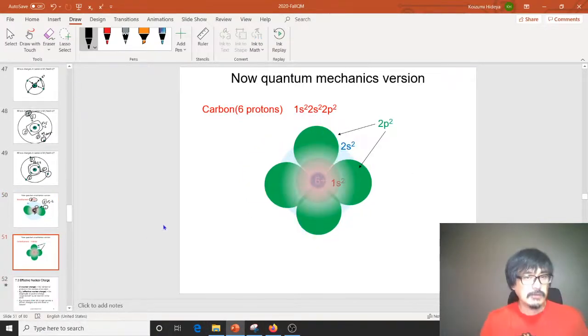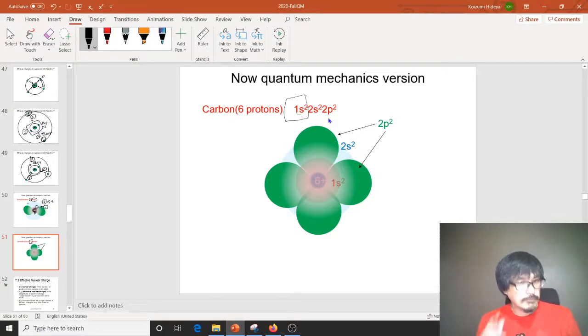Now let's go to carbon. The ground state electronic configuration of carbon is 1s squared, 2s squared, 2p2, because carbon has 6 protons, right? So the neutral carbon atom has 6 electrons. Now the core electrons, just like boron, are 2 electrons, but carbon has 6 protons, right?